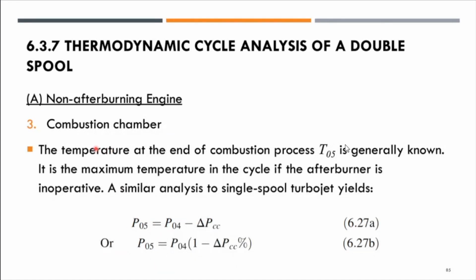With regard to the combustion chamber, the temperature at the end of the combustion process, T05, is generally known. It is the maximum temperature in the cycle if the afterburner is inoperative. Similar analysis to the single spool turbojet reveals the P05 value.